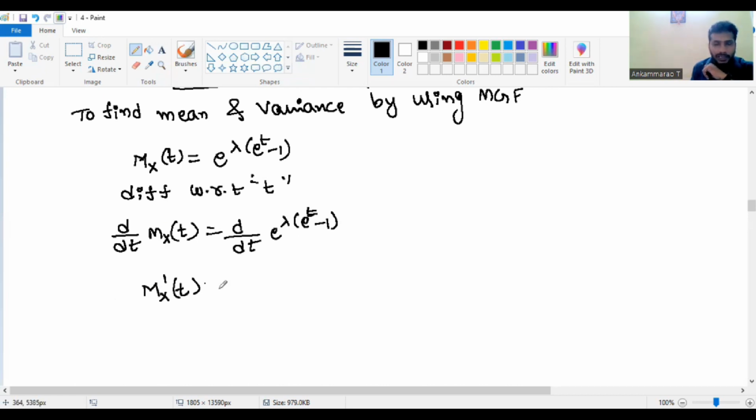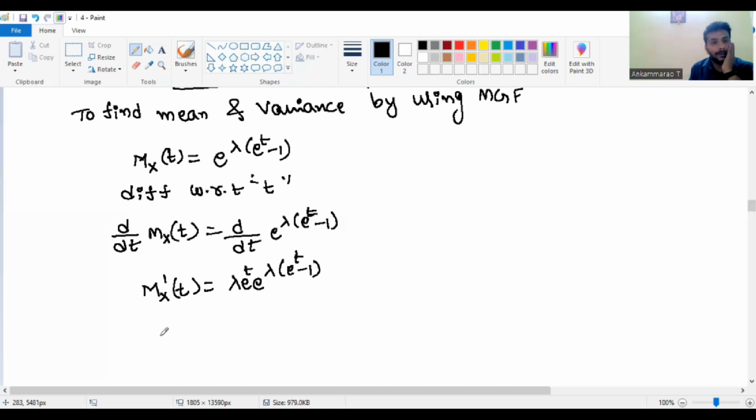When we differentiate, we get lambda into e power lambda into e power t minus 1, and the inner differentiation, lambda into e power t.